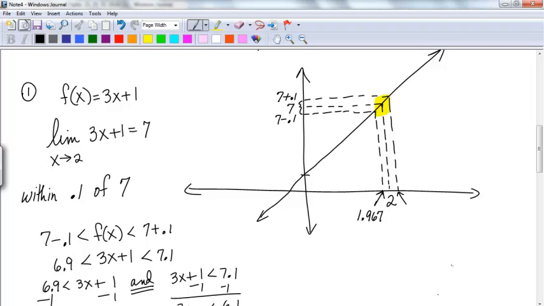If I round that down to 2.033, that would put me on the left side. If I'm on the left side here, does that put the y value inside here? Yes. So this is 2.033.